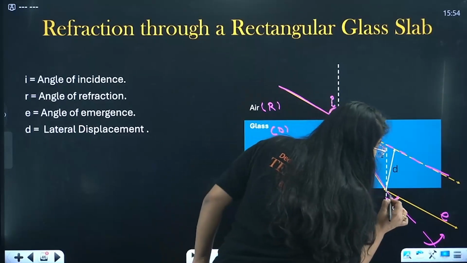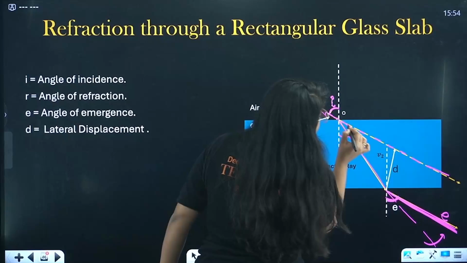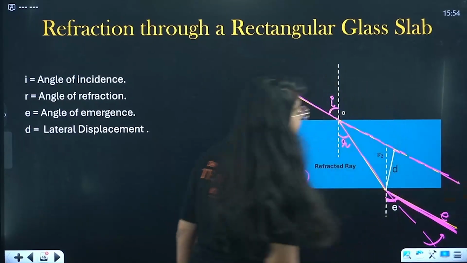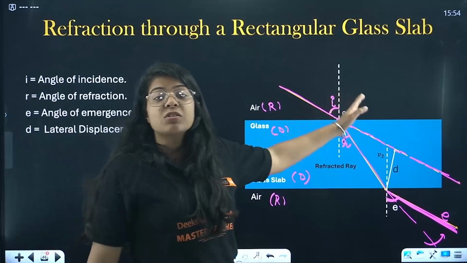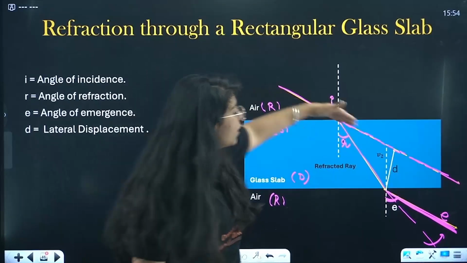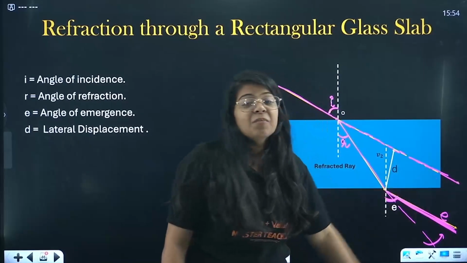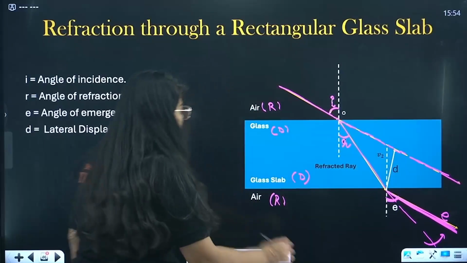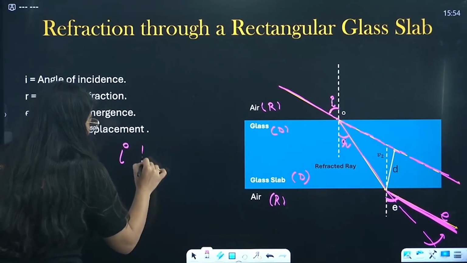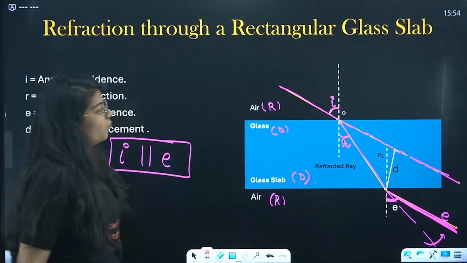But you will see that this emergent ray and the incident ray, which, if the glass slab was not there, would go like this, these two rays are parallel. This incident ray is parallel to the emergent ray, a very important point.